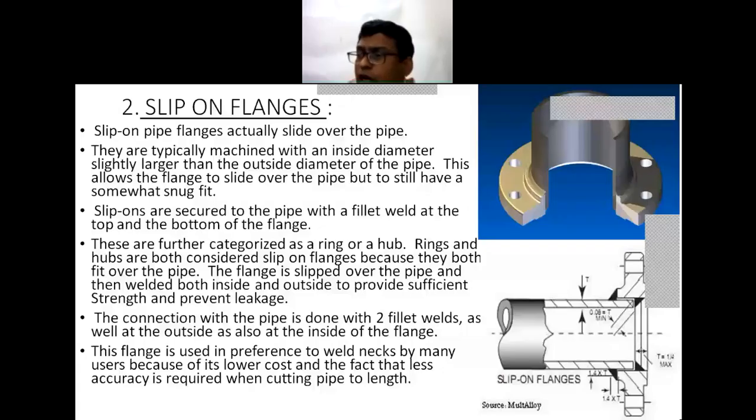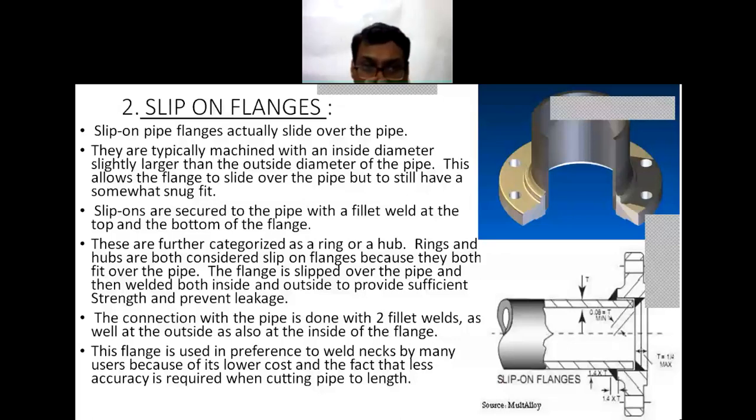Slide over the pipe, that means it can be passed throughout, or it can be restricted there, so that the sleeve will be there which is going to restrict it, or it can be directly passed over the pipe also.